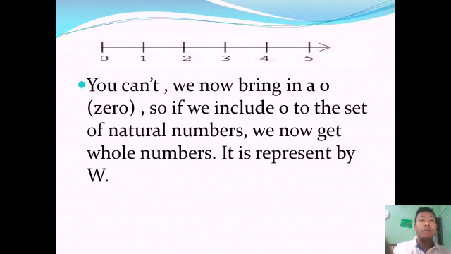You can't. We now bring in a 0. So if we include 0 in the set of natural numbers, we get whole numbers. It is represented by W.